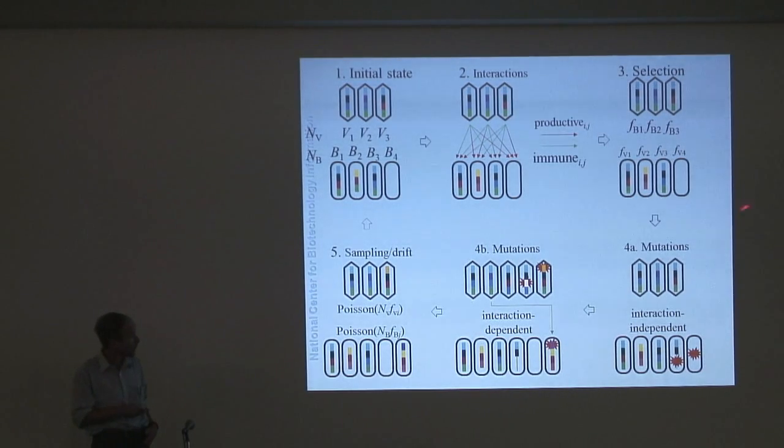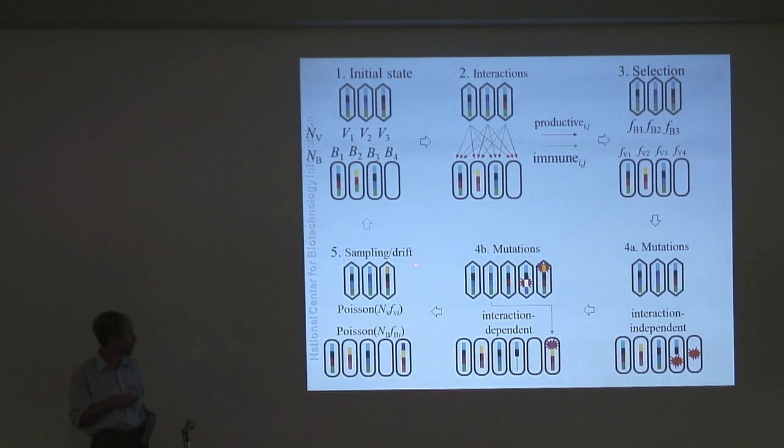So there are interaction-dependent mutations, which include acquisition of spacers and mutation of protospacers in the virus, and interaction-independent mutations, such as the acquisition and loss of the entire loci by the host.